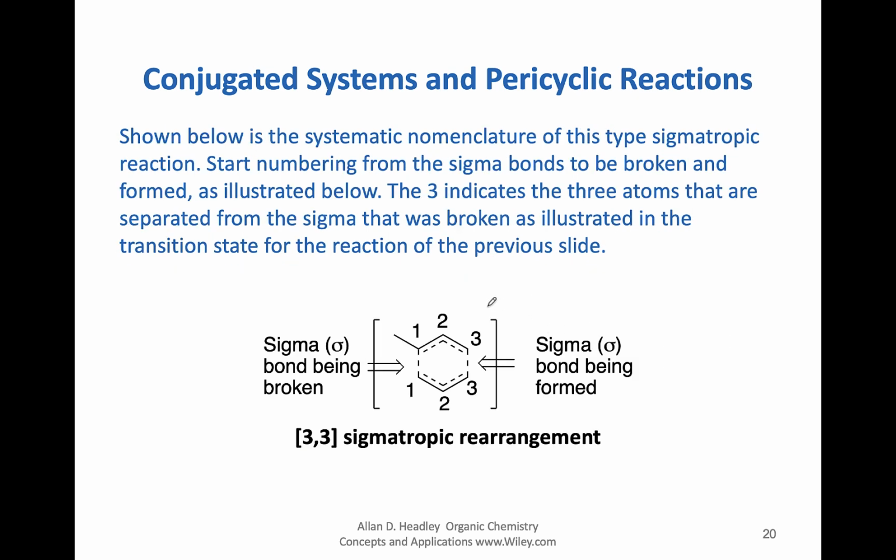Before we look at some examples though, let's look at the nomenclature for describing the sigmatropic reaction. Looking at the transition state for the previous reaction, this is described as a 3-3 sigmatropic rearrangement. Why is it 3-3? We know why it's a sigmatropic rearrangement, because a sigma bond is broken and a sigma bond is formed. But why is it 3-3?